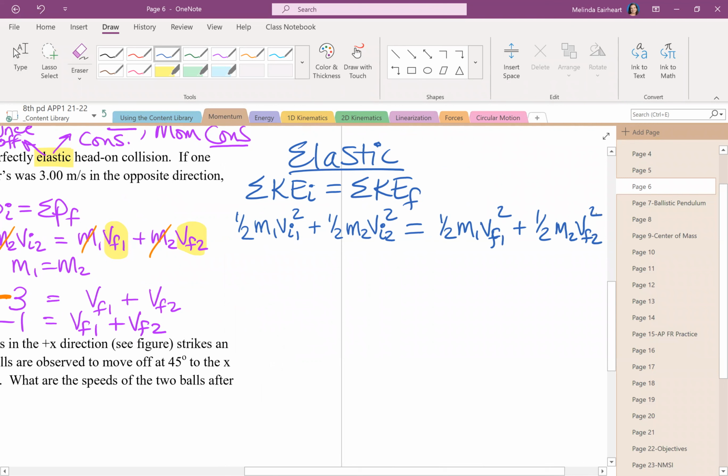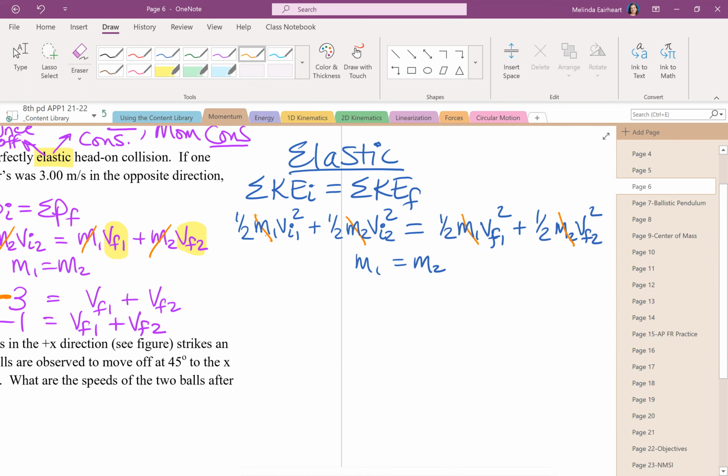And again, I'm doing the setup that's good for tomorrow's elastic collision that doesn't have equal mass, okay? But on this one, since m1 equals m2, what can we do? We can cancel out the masses because it's in every single term. Oh, wait, look, what else can we cancel?